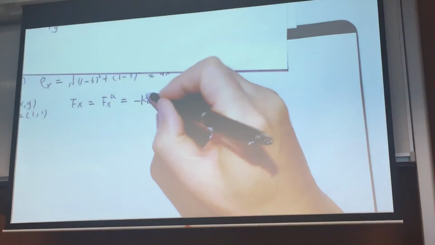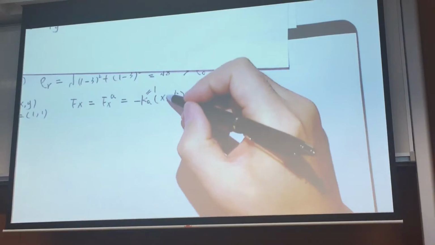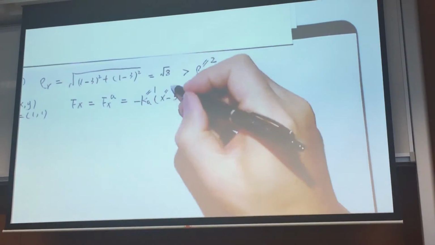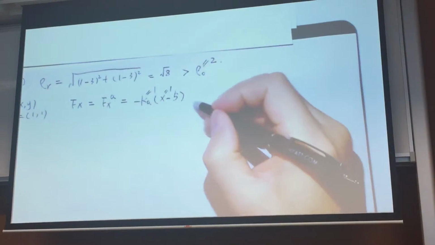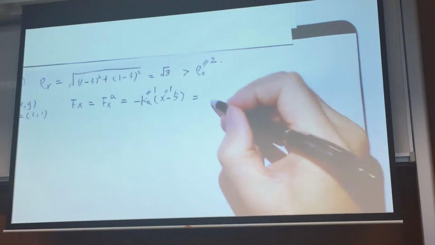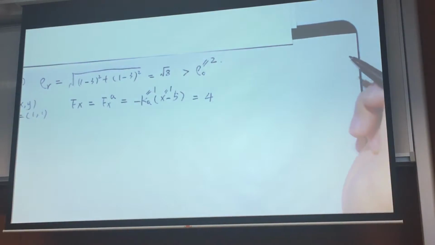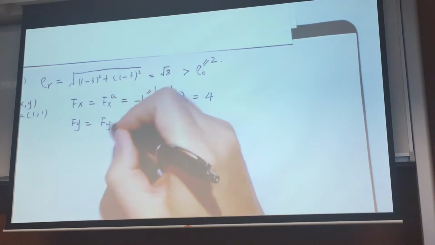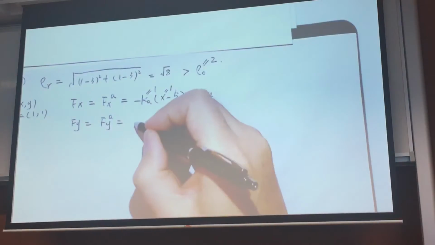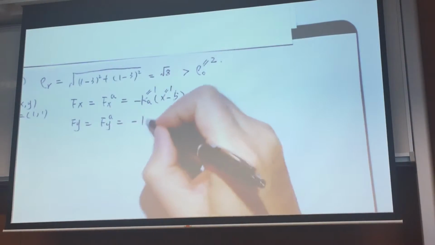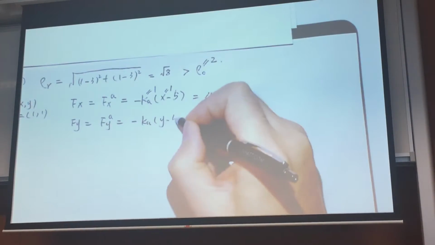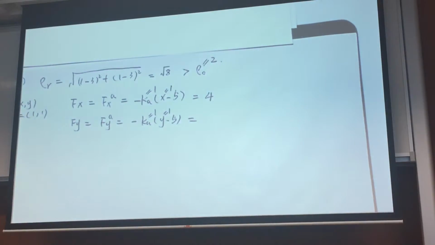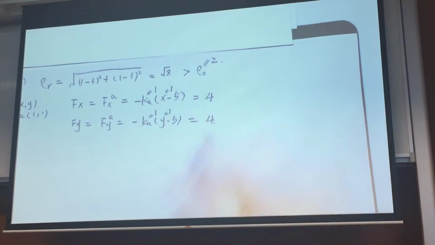In this case, your ka equal to 1 and your x equal to 1. So this equal to 4. For the fy, it is given by this fya. So it's minus ka y minus 5. This one equal to 1, this one equal to 1. So this equal to 4.